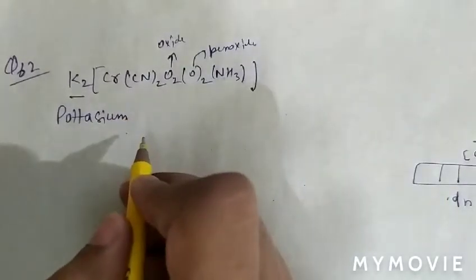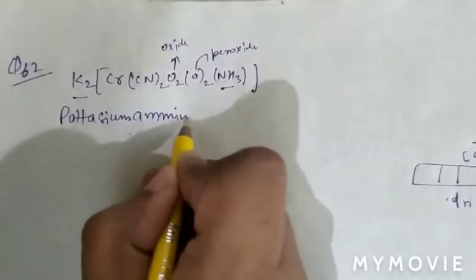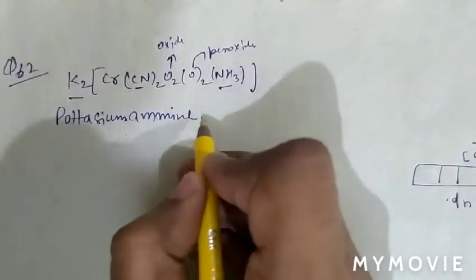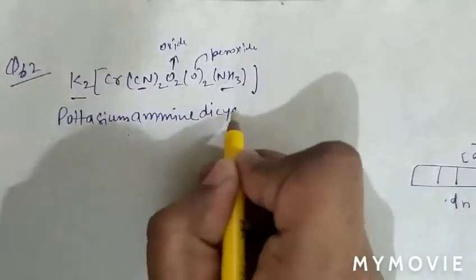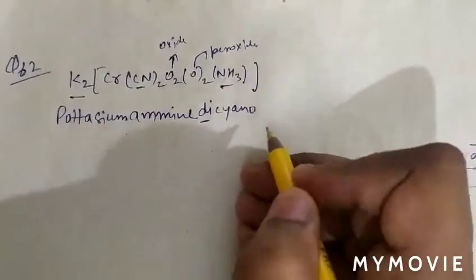then the names of the ligands. As ammine comes first in alphabetical order, it will be ammine. Then after that, cyano in alphabetical order, so dicyano, as the prefix di is not included in the alphabetical order.